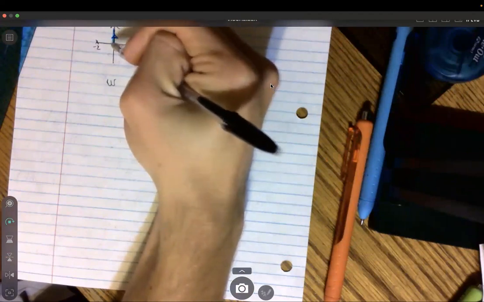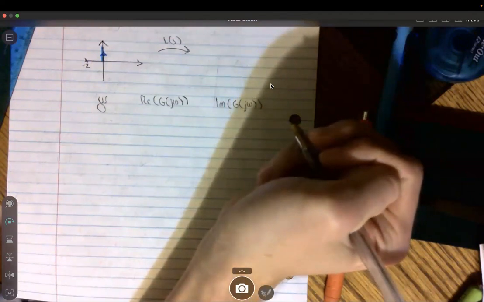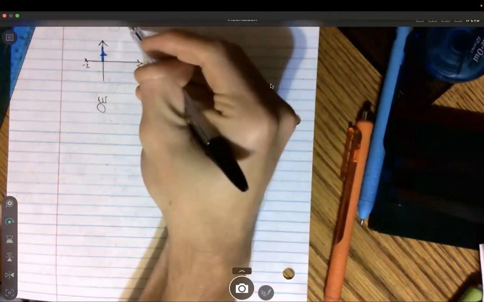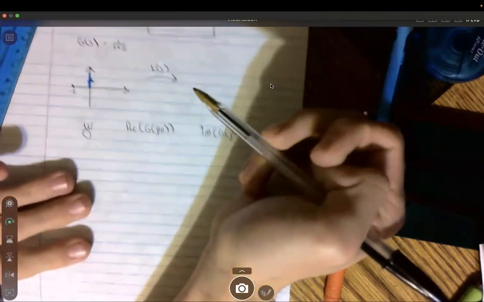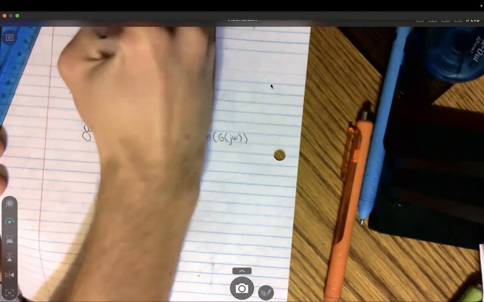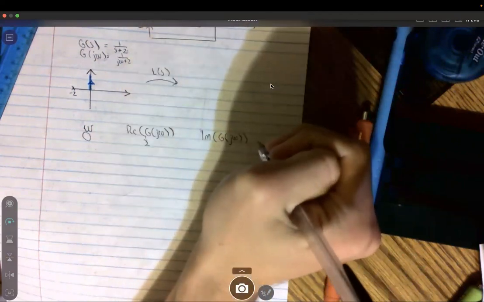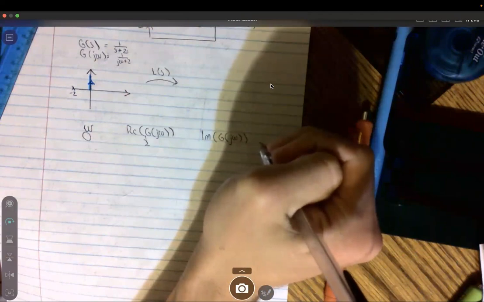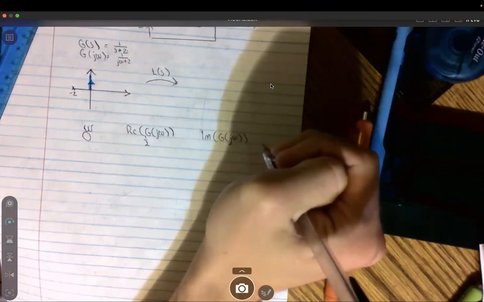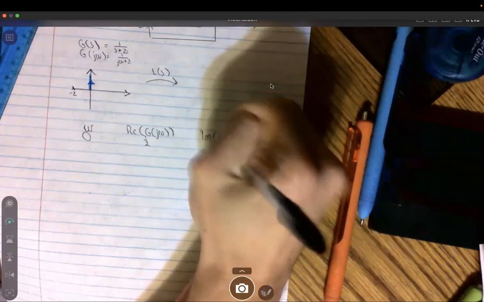The real part is 1 over J omega plus 2, which at 0 is 1 over 0 plus 2, which would just be 1/2. And then for the imaginary part, there would be no imaginary part here. It would just cancel out to 0.